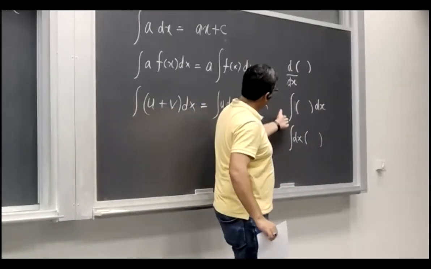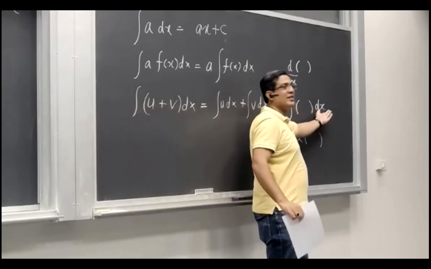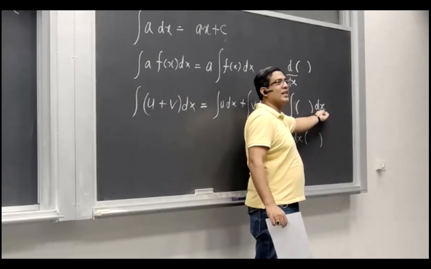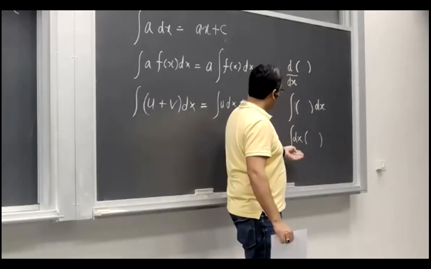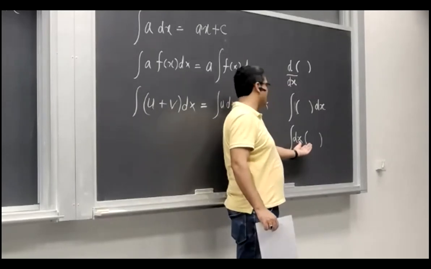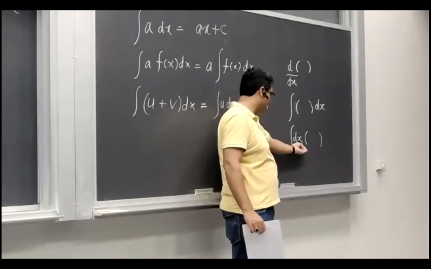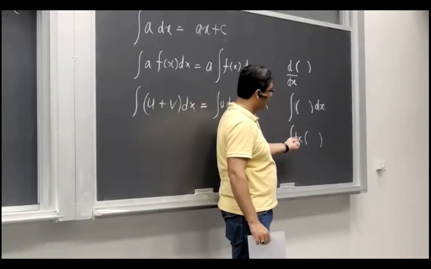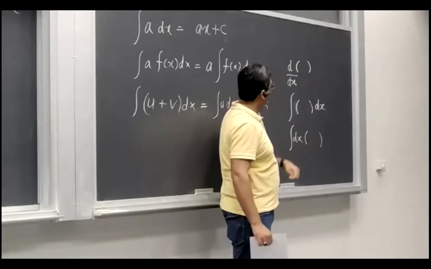So this again is a symbol, and dx here is just a symbol. It indicates that the integration is over variable x. And this is the symbol of integration. And this is the symbol of differentiation.